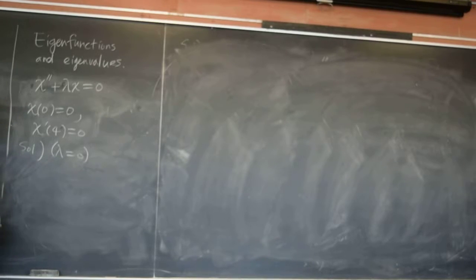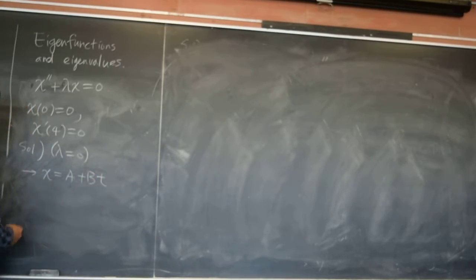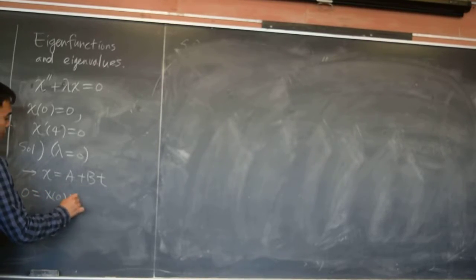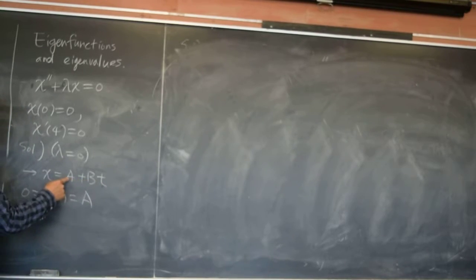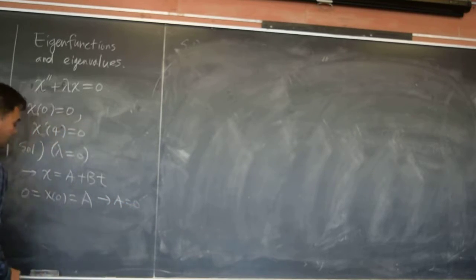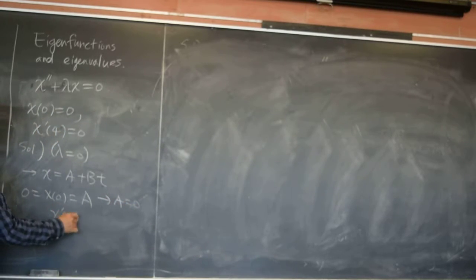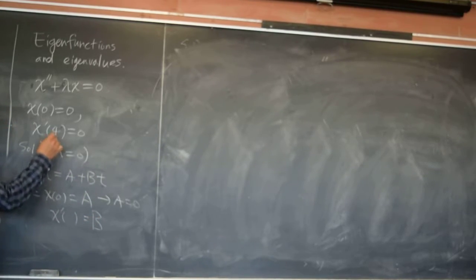For lambda equal to 0, the solution always becomes a plus bt, right? And then x of 0 being 0 forces you to have a as 0, because if you plug in 0 here, you get a. So that gives you a as 0. And x prime, if you differentiate this, is always b. So regardless of the value you plug in, we have to plug in 4, it's always b.